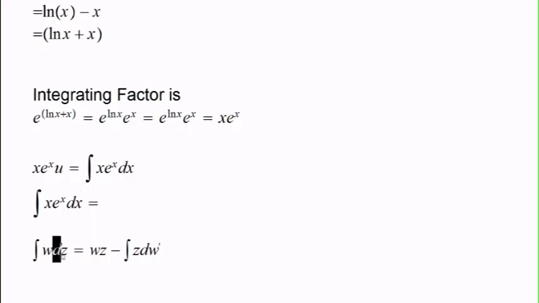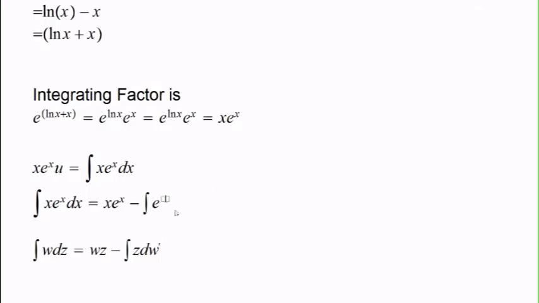So for dz, if we took e to the x dx, then who z will be? That will be simply e to the x, and w, of course, we are taking as x, so we have x e to the power x as wz. All right, minus, then we have who is my z, e to the x.